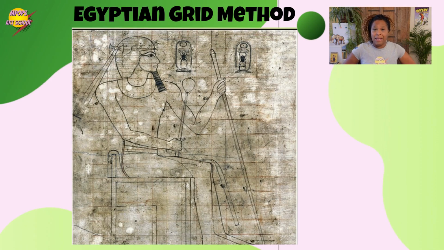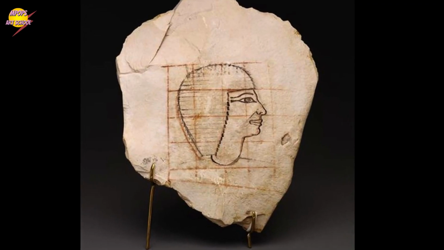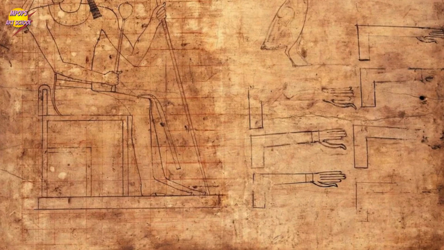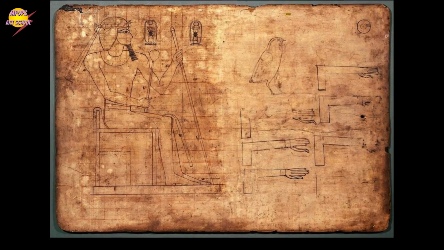They achieved this by dipping strings in red paint and carefully placing them on the walls. These lines acted as guides, helping them create art with perfect proportions and balanced compositions. I find it really amazing that all the way back there, thousands of years ago, the Egyptians were using grid technique to get their work spot on.